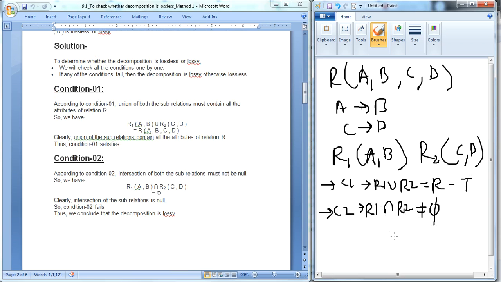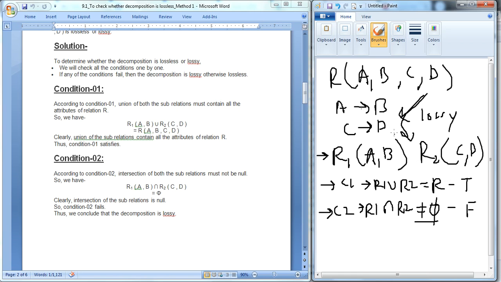If we check with this example, AB intersection CD is not null, but in this example it's showing a null value. That's why this second condition is false, and the particular decomposition is lossy. We can say that this decomposition is a lossy decomposition.